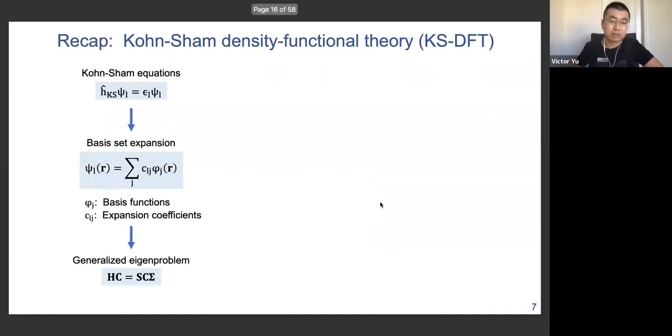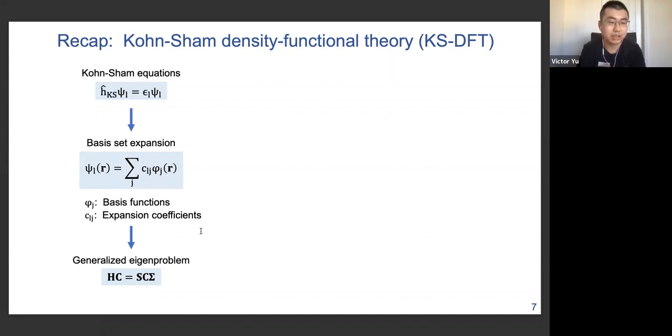To explain what we do instead, let me first briefly remind you how we end up with an eigenvalue problem in Kohn-Sham density functional theory. In order to solve these Kohn-Sham equations on a computer, we use some basis functions to discretize the problem. For example, in FHI-aims, we use numeric atomic orbitals as the basis functions to expand the Kohn-Sham wave functions.